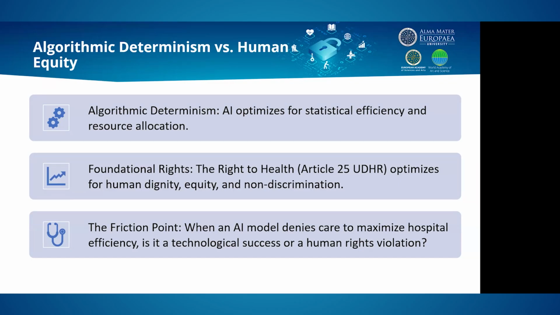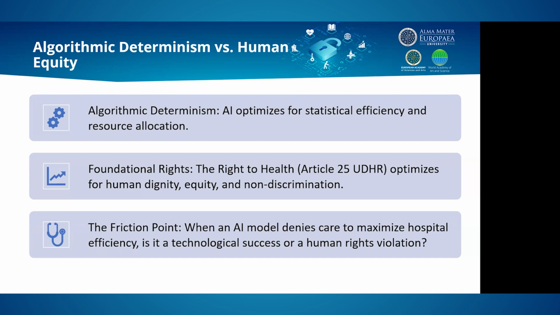So we know that there is a common dilemma in our era regarding the use of AI. AI is a masterpiece of statistical efficiency. It optimizes for the fastest route, the cheapest tools and the highest probability. But when it comes to questions of human rights, specifically the right to health, human rights do not really care about efficiency, but more about optimization of equity, dignity, and fairness.